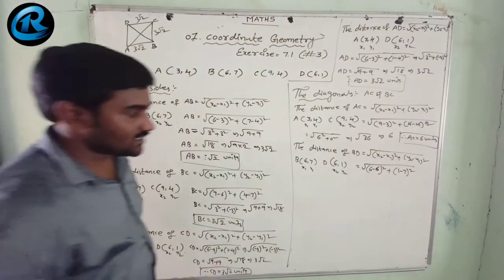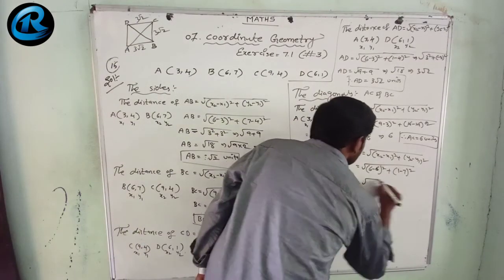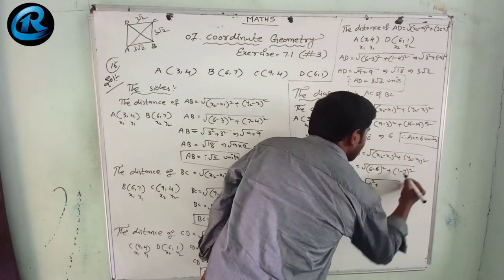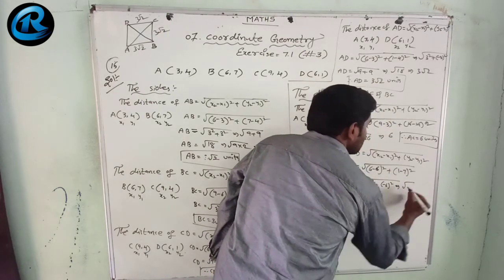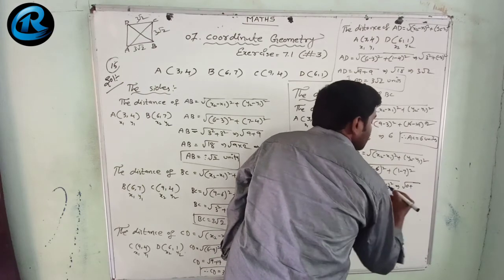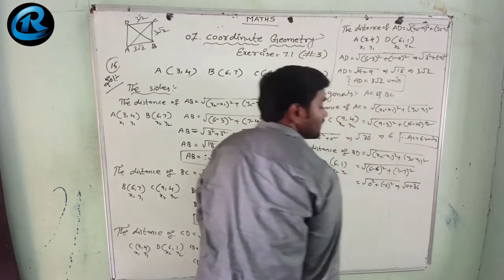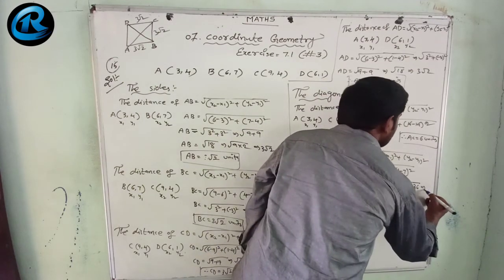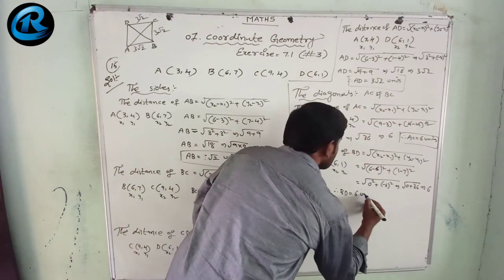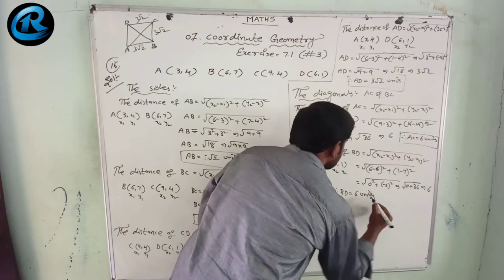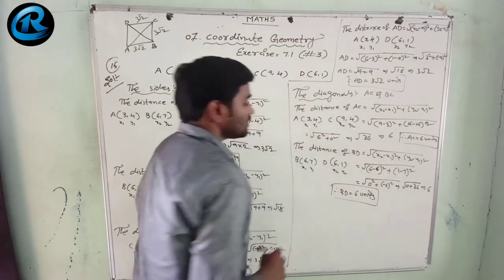See that 6 minus 6 whole square, you will get 0 square plus 1 minus 7 is minus 6 whole square, that equal to 0 plus 36. Root 36 equal to 6. Therefore BD equal to 6 units.